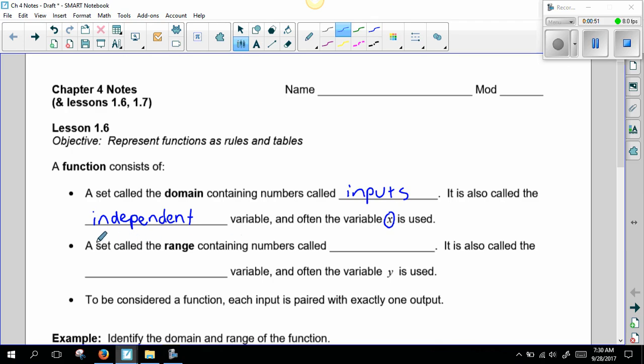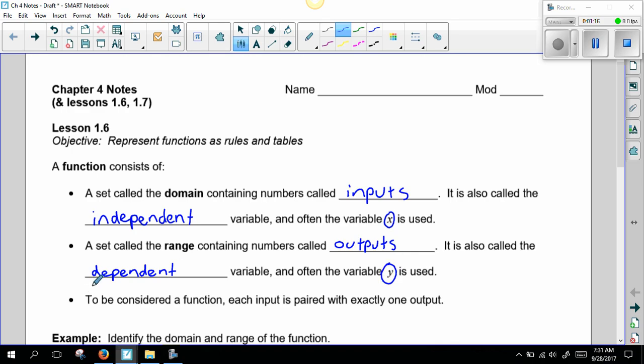A function also consists of a set of numbers called the range, containing the numbers that are the outputs, and is also called the dependent variable. And we usually use the variable y.